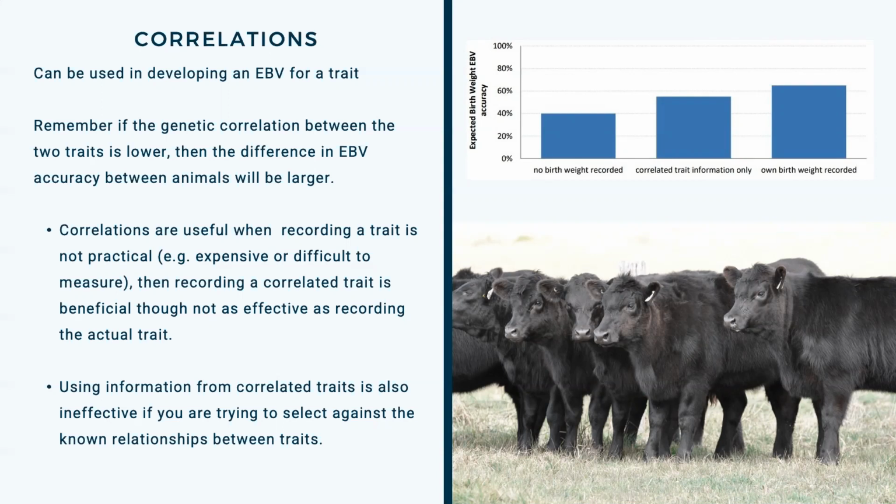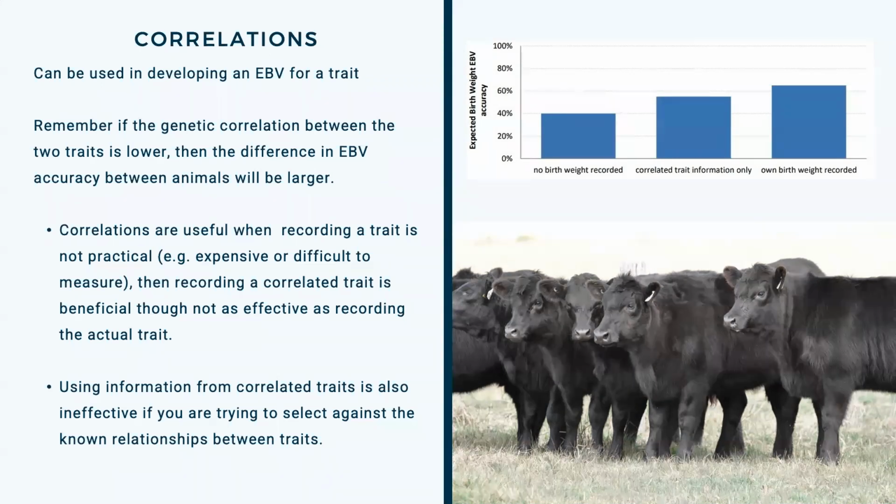But they become very useful, and I know that there are some people from more extensive areas joining today. The correlations can be quite a useful way of recording traits or information when it's very difficult to record a specific trait.